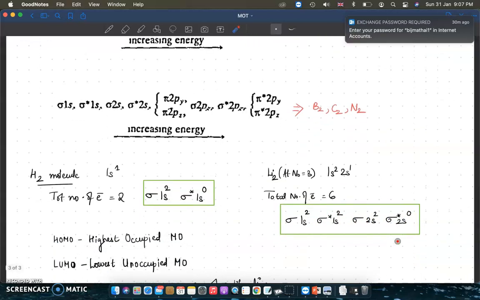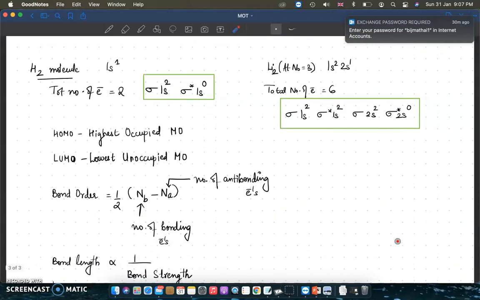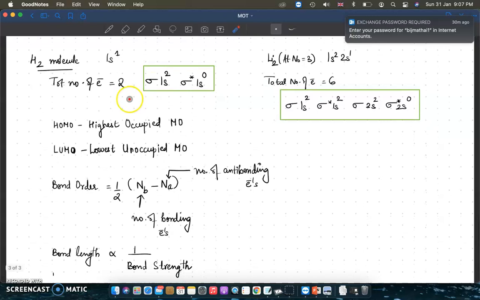Now quickly I would like to introduce certain terms that you should be aware of in molecular orbital theory. One is HOMO. HOMO's full form is highest occupied molecular orbital.